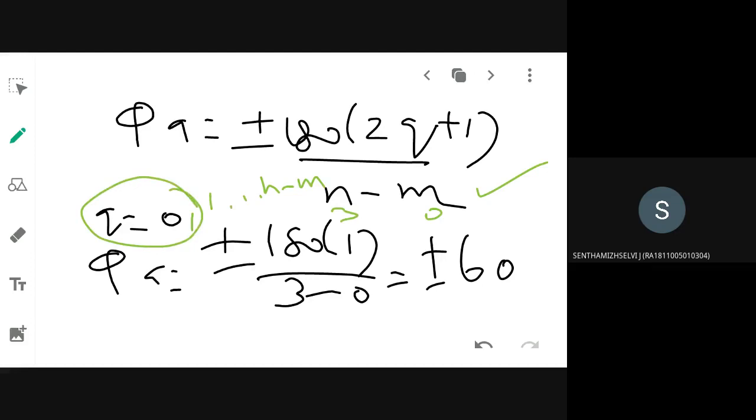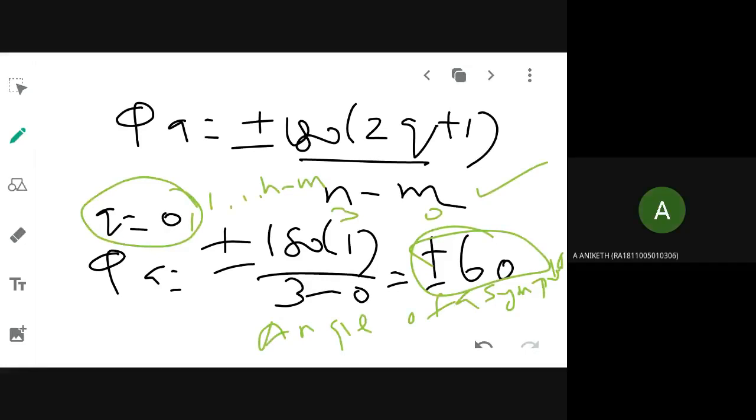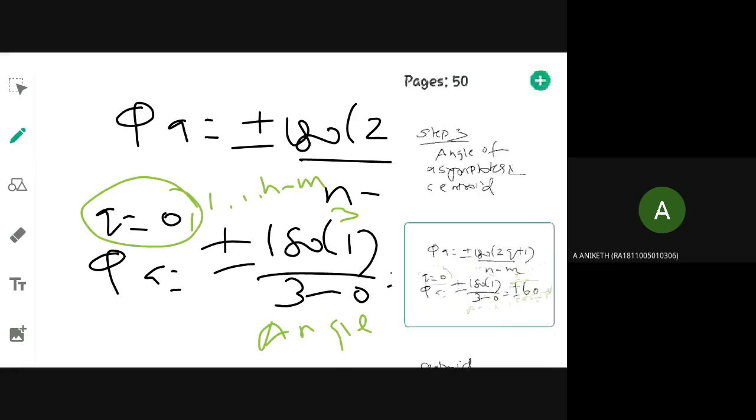This is what is called your angle of asymptote. If you are substituting q equal to 0, n is equal to 3 and m is equal to 0, plus or minus 60. Okay. Next thing is you need to find out the centroid.